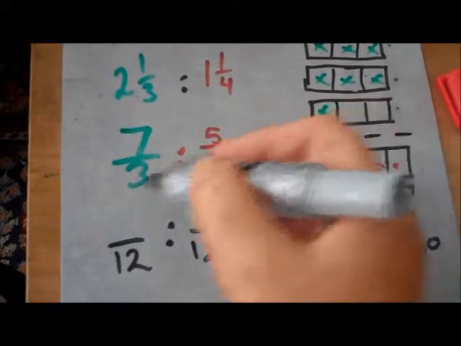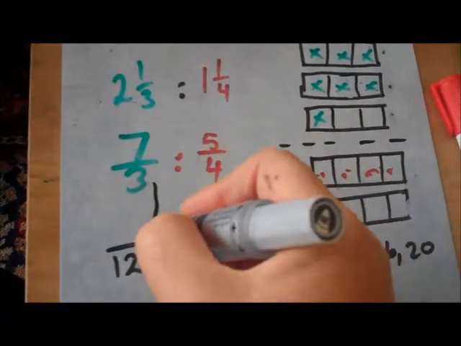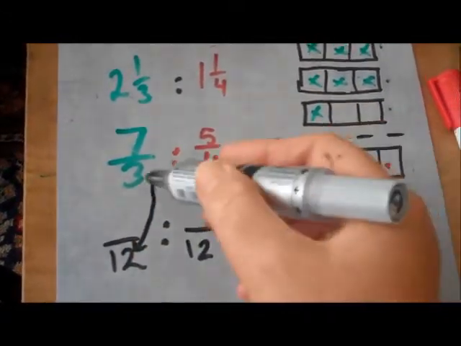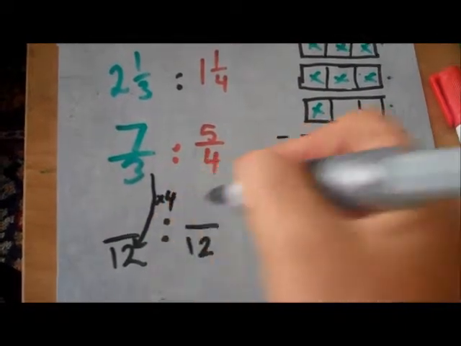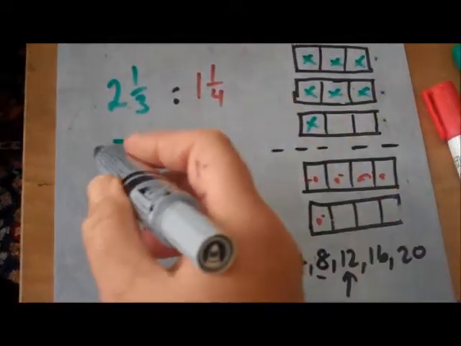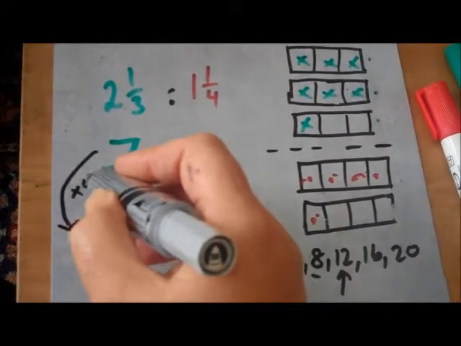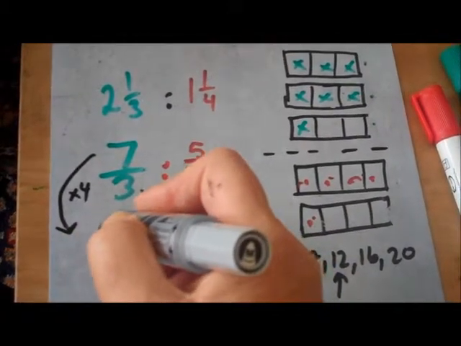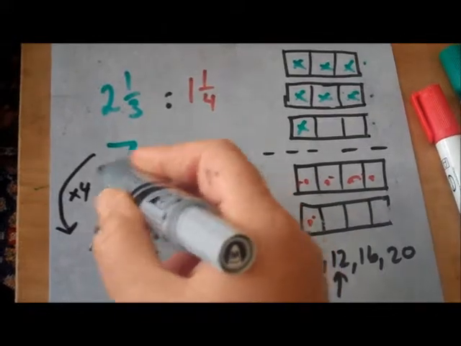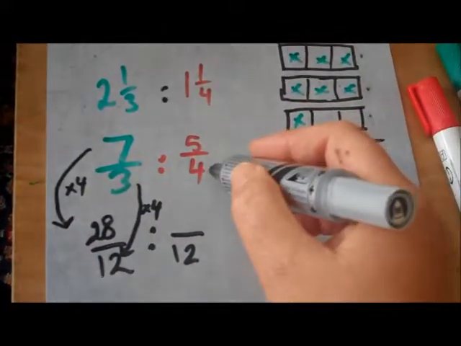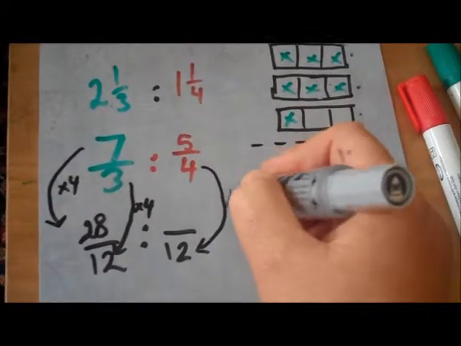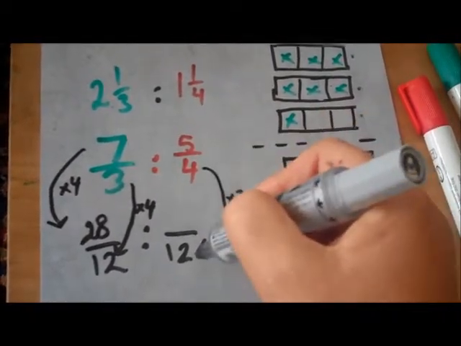So let's have a look. If I go from here to here, thirds to twelfths, it's a factor of 4. So I've got to do the same for the 7. So that's got to go by a factor of 4 as well. So 7 times 4 is 28. Here I've gone by a factor of 3. 4 3s are 12.